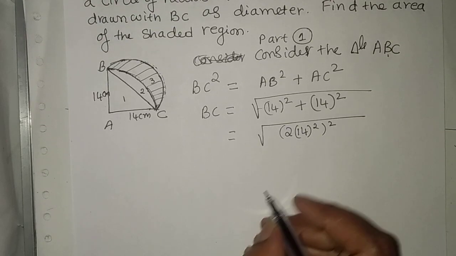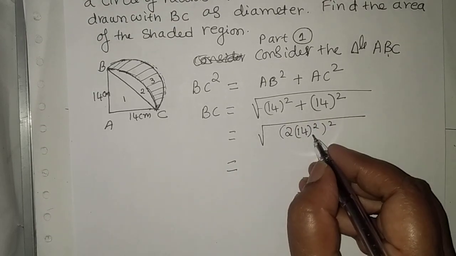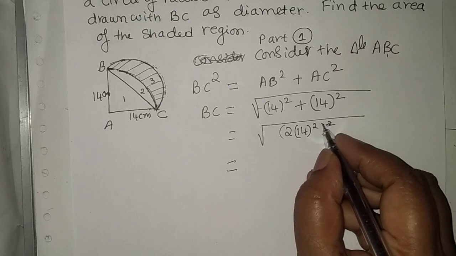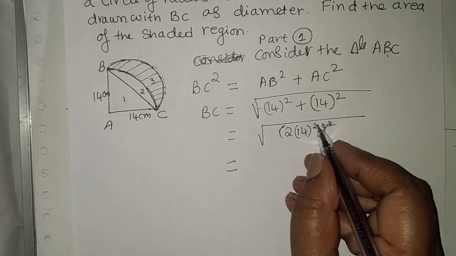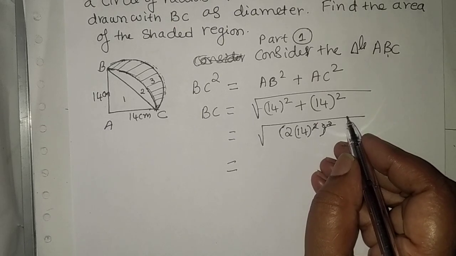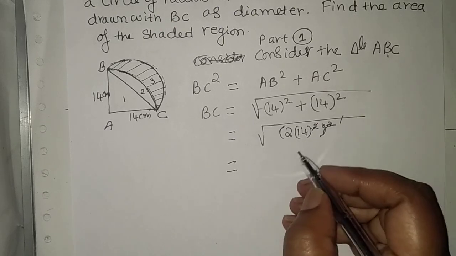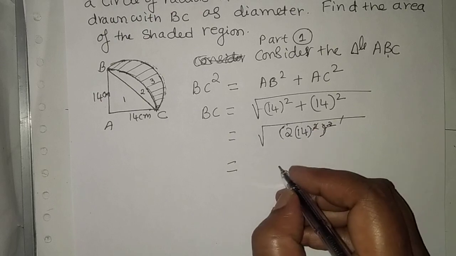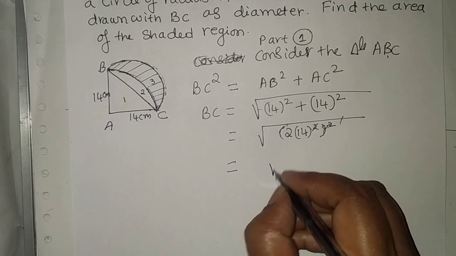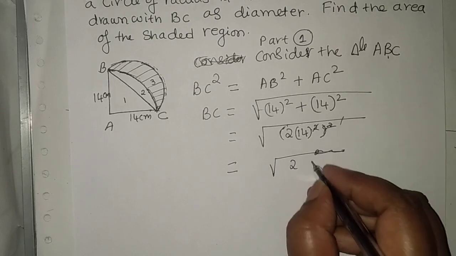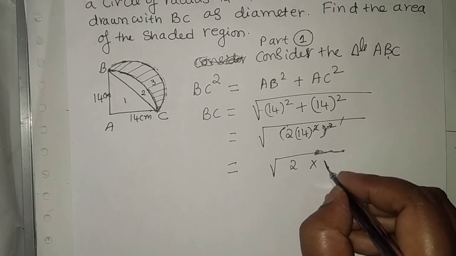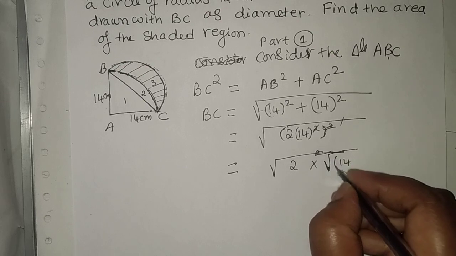So this can be written as 2 into 14 square. Now the 2 with the square root cancels, then root 2 is left, so root 2 into 14 square.